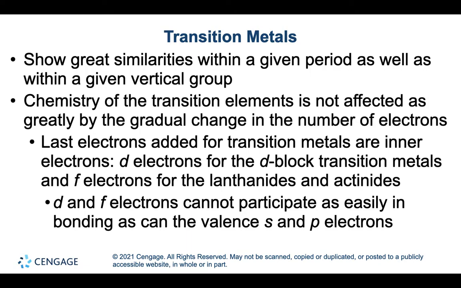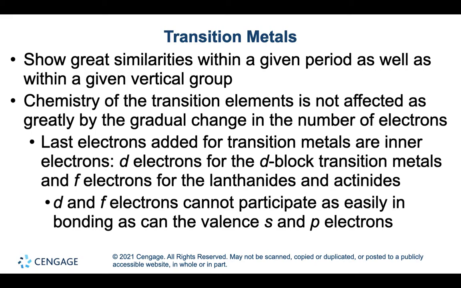So the chemistry of the transition elements is not affected as greatly by the gradual change in number of protons and number of electrons. And that's because you're adding electrons for the transition metals that are inner electrons, not valence electrons. They're the d electrons, the d block transition metals. And then for the lower inner transition metals, you're looking at the f block.